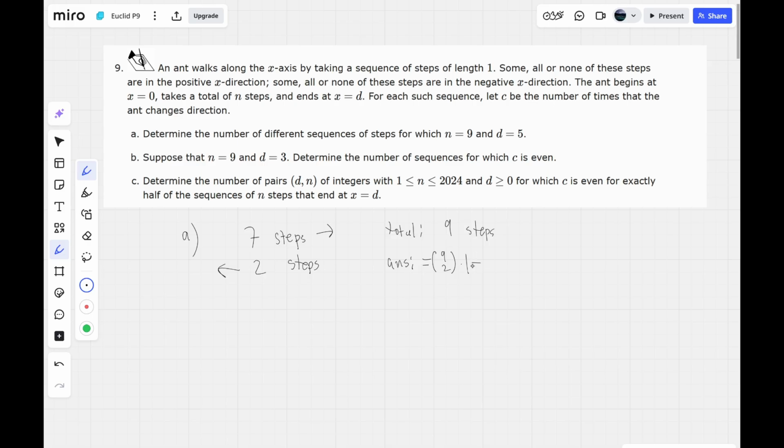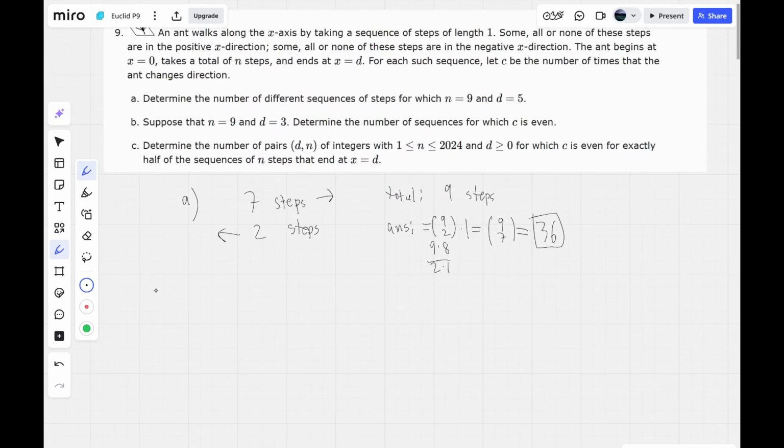Or you can choose any 7 steps to the right and the rest of the steps are to the left, and both of these values equal 36, which is our answer. As this is 9 times 8 over 2 times 1, that is equal to 9 times 4, which is 36.